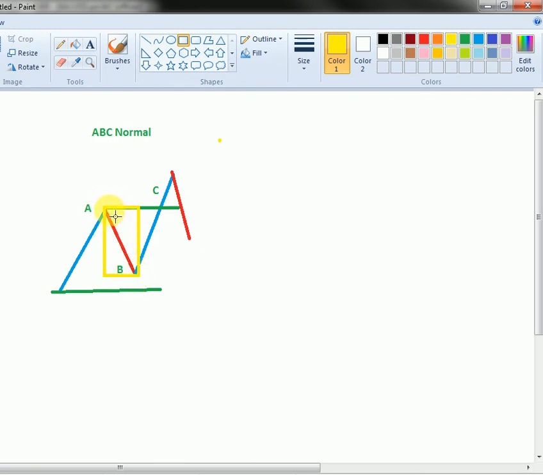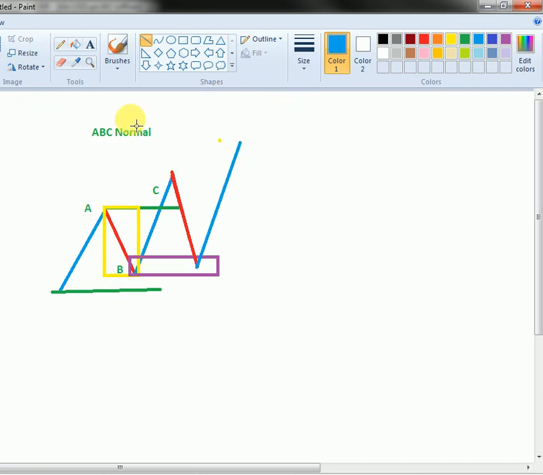This is the biggest B zone, but we wait for the best B zone. The best B zone for buy, we mark on the last bear. So here we wait for price coming here, and then we enter buy, and hopefully price goes up.